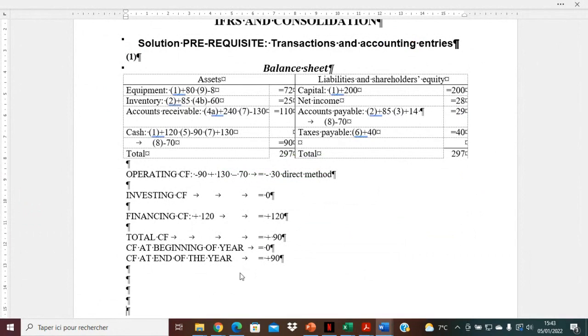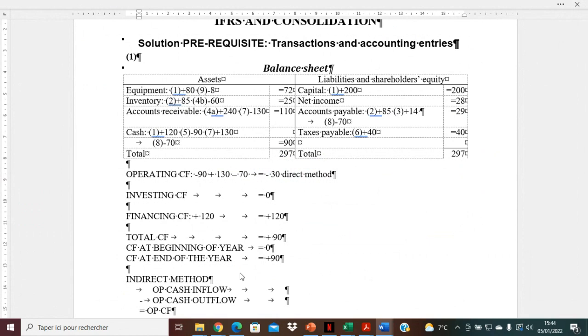Well, what I want to know is operating cash inflow minus operating cash outflow, and that equals operating cash flow.